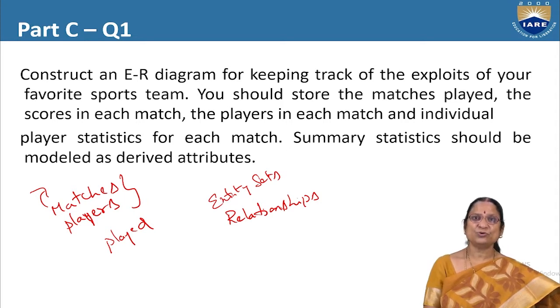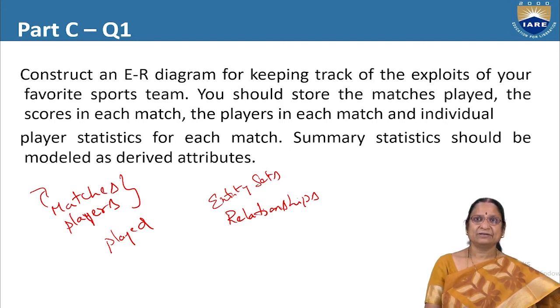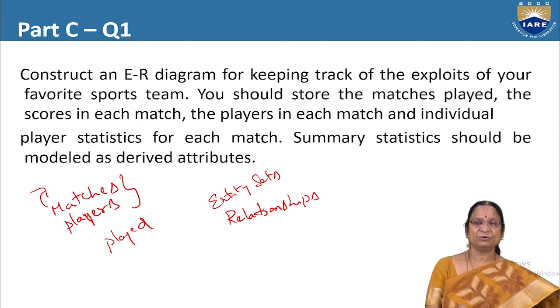But we also need to store the score the player had, how much score that particular player scored during a particular match. That is derived. What is a derived attribute? A derived attribute is an attribute whose value is computed from already existing attributes.